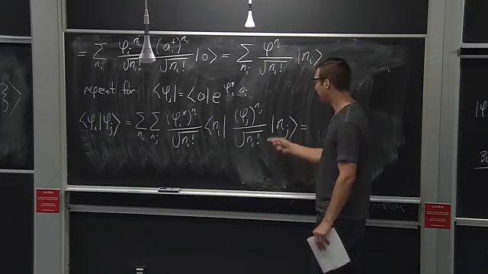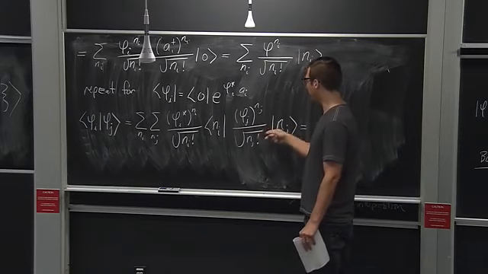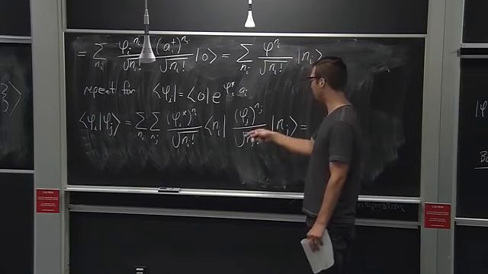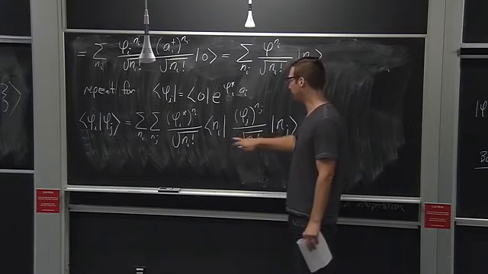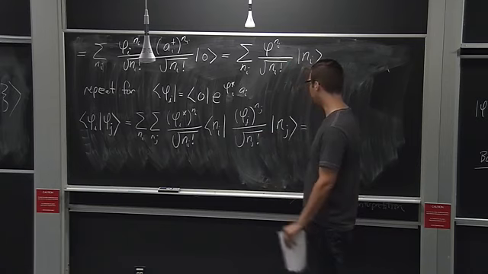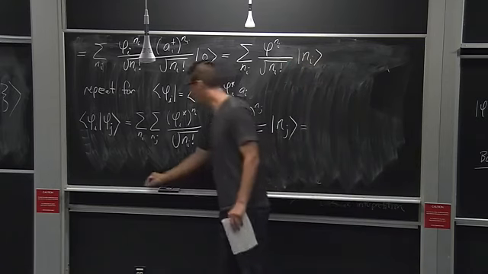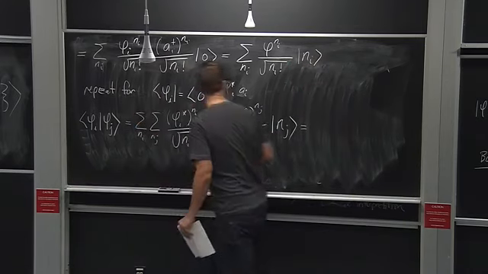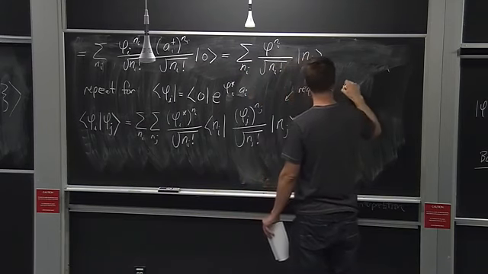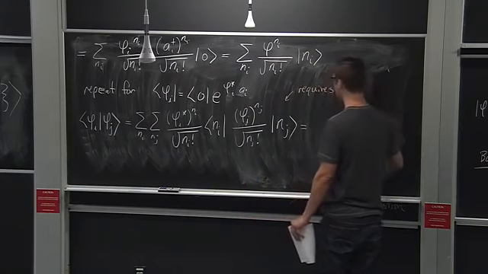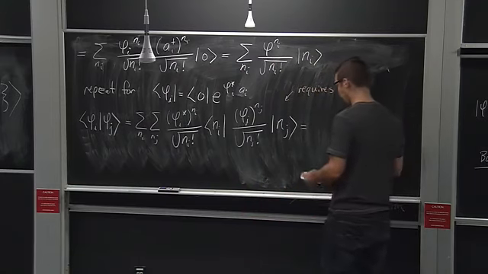But what I'm doing is I'm thinking of this scalar. I guess I'm pulling it out, but then I have orthogonal states, the inner product of which just requires that my indices are the same. So that's all it is.